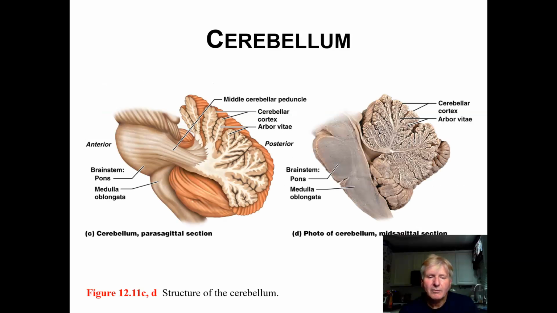So here's a parasagittal section of the cerebellum from an illustration on the left, where you can see the arbor vitae and the middle cerebellar peduncles, the cerebellar cortex, the gray area on the outside of the arbor vitae, and the medulla oblongata and pons portion of the brainstem. And then on the right side, you see a photograph of the cerebellum, and you can see the arbor vitae very clearly, the pons, and medulla oblongata, which are labeled.